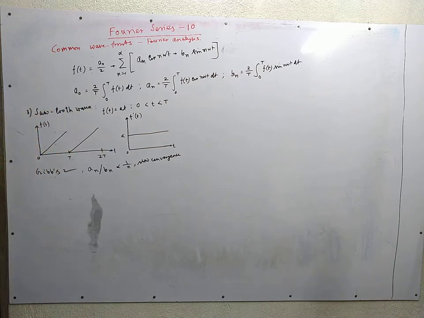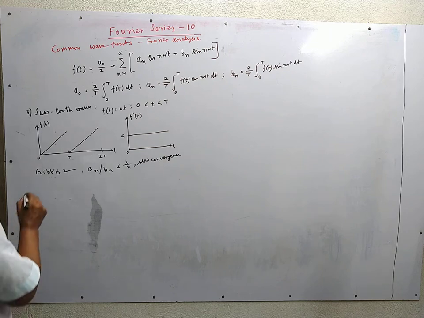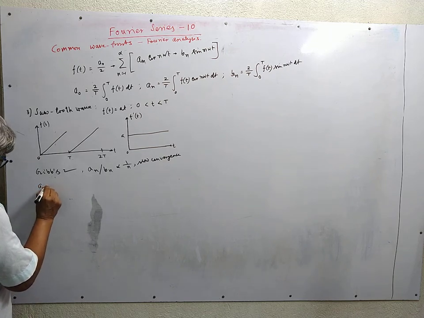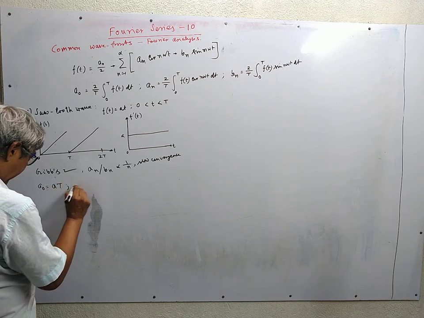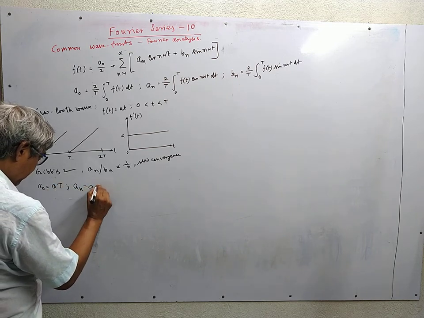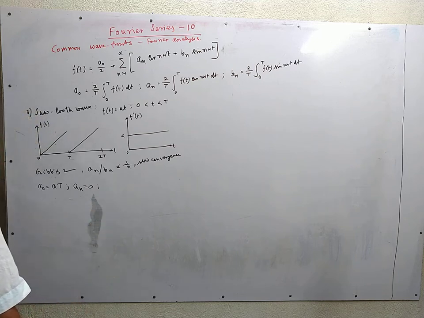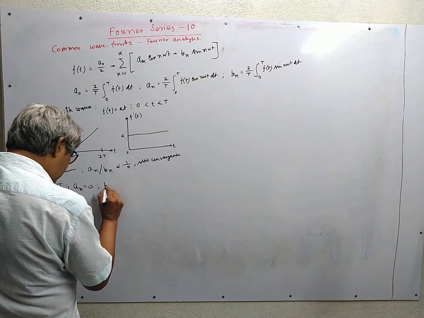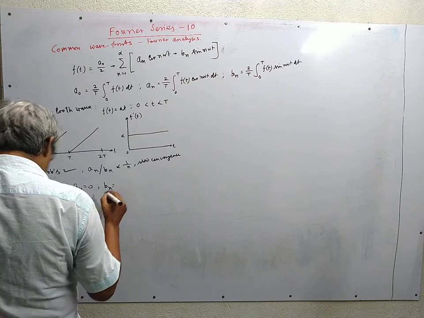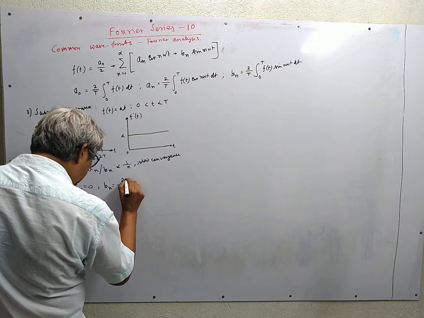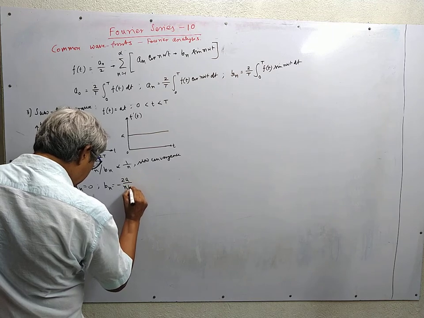Explicit calculation shows that a0 is equal to a t, an is equal to 0, and bn is equal to minus 2a by n omega.